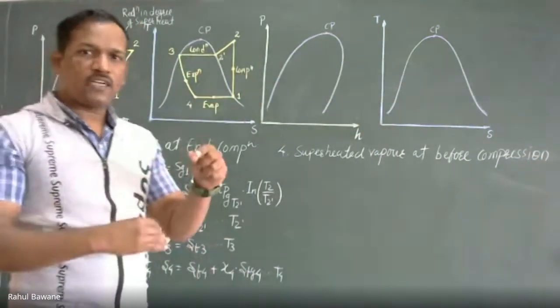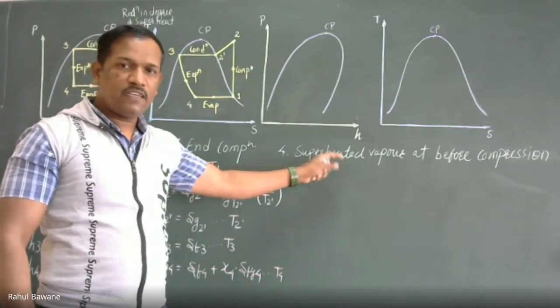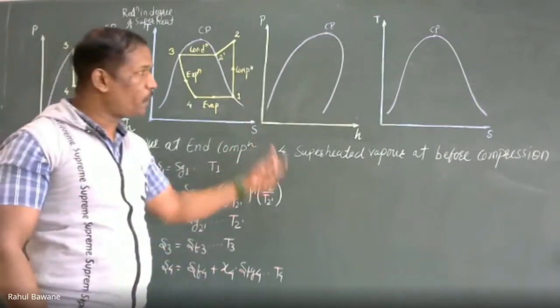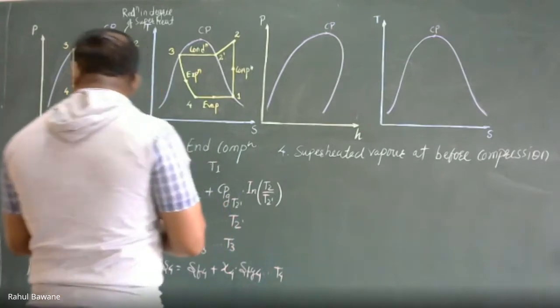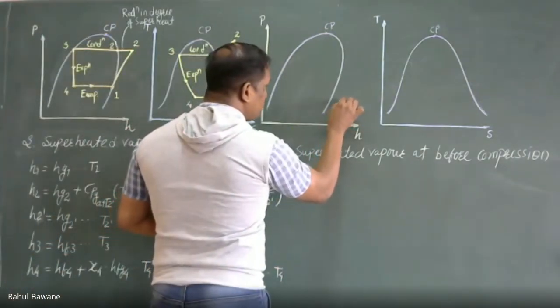So before starting compression, if your vapor is in superheated condition, then how to plot? So imagine this is the condition, first point, which is in the superheated zone.